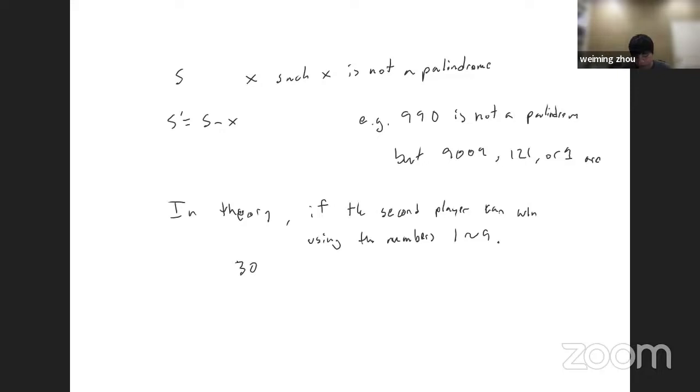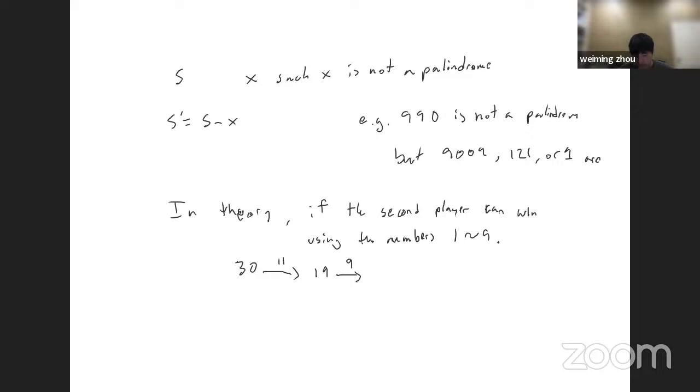I'm going to throw this out there: the second player can win from this if the starting pile has 30 stones. I'm demonstrating that, for instance, if Bessie picks 11 stones out of her pile, we'll be left with 19 stones.